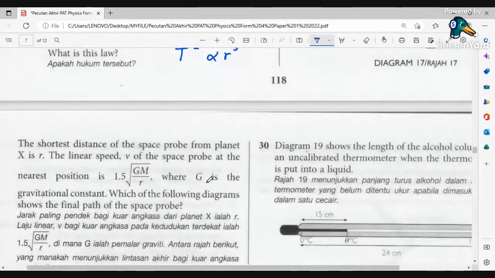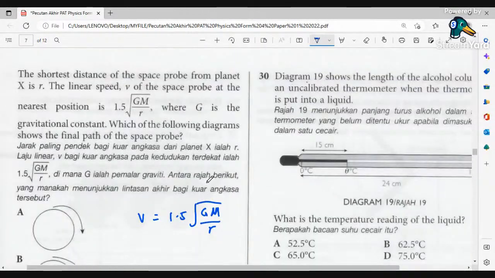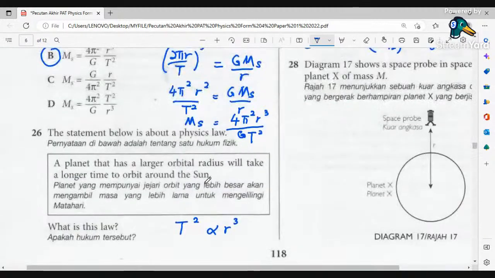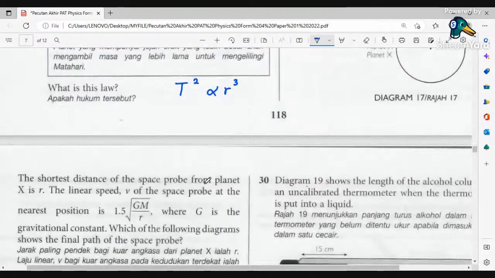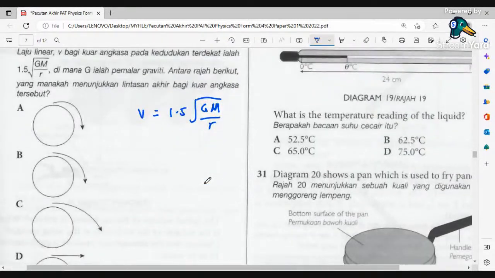You need to find the value of v. What is its value of v? Can it maintain the velocity?